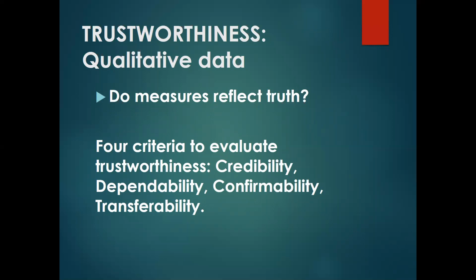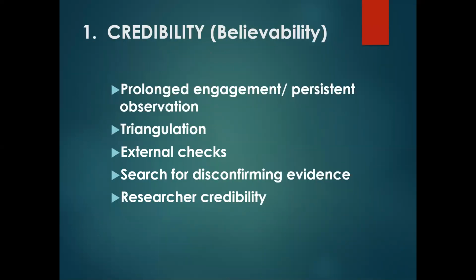There's 4 criteria to evaluate the trustworthiness: credibility, dependability, confirmability, and transferability. So credibility is how believable are the findings, and was there a lot of engagement and study about the topic? Were there many different forms of measurement, external checks, ways to confirm the evidence, and how credible is the researcher in the topic?